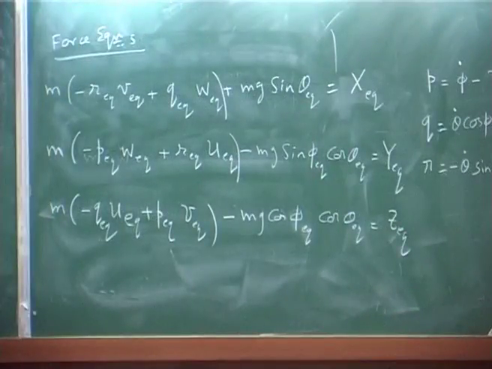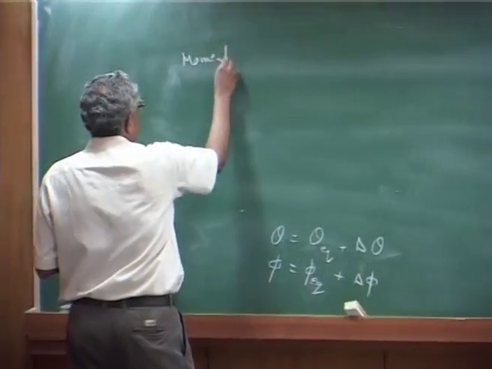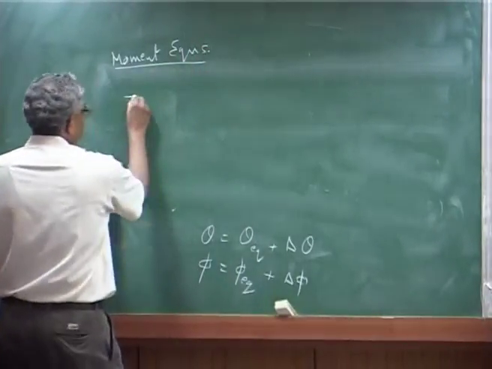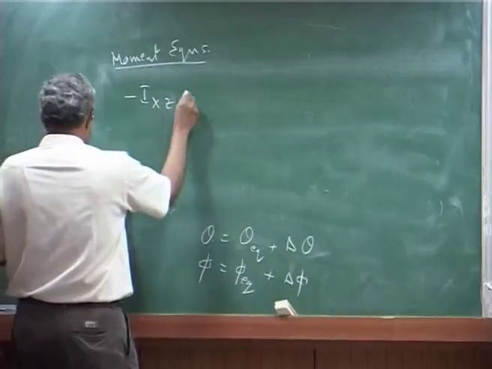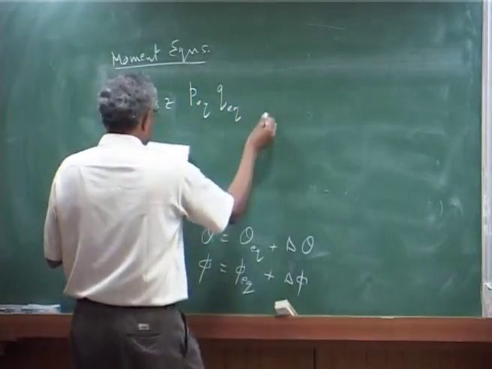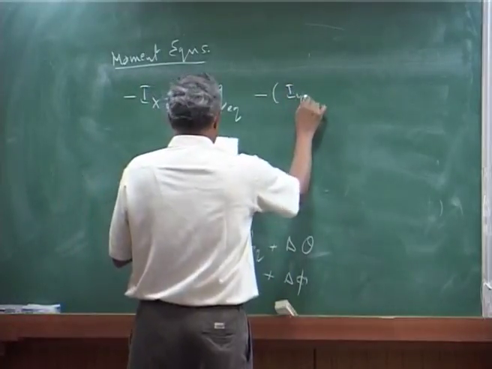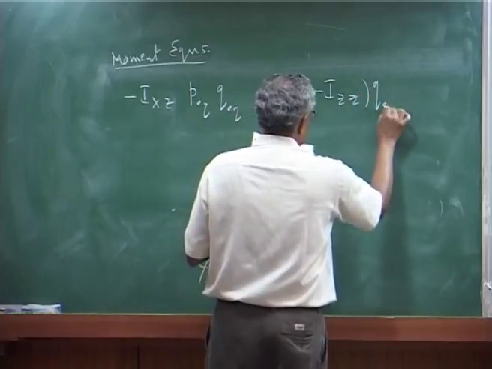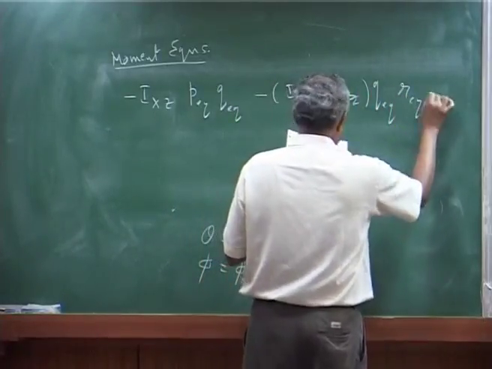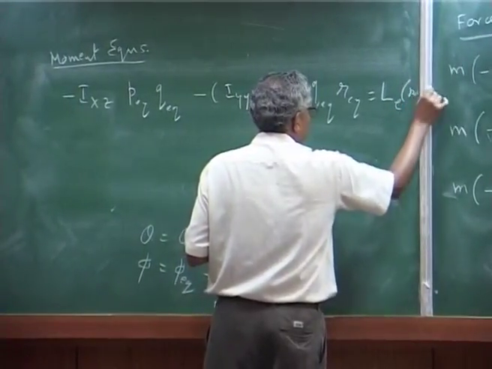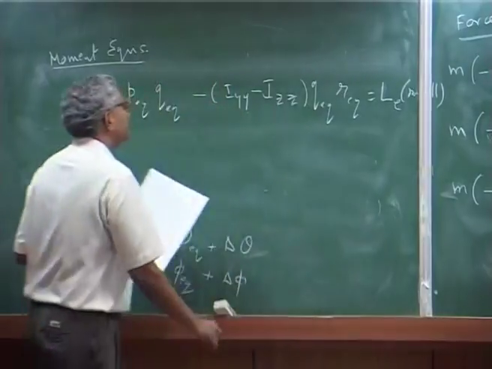Then you write the moment equation also, 3 moment equations. You will have minus I x z p equilibrium q equilibrium, I y y minus I z z q equilibrium r equilibrium, and this is the standard notation L E, roll, this is the roll equation.